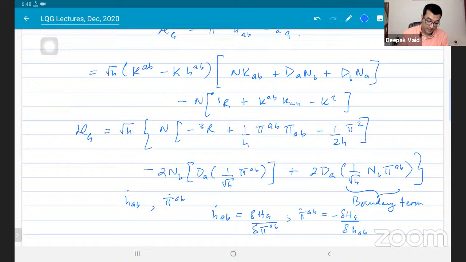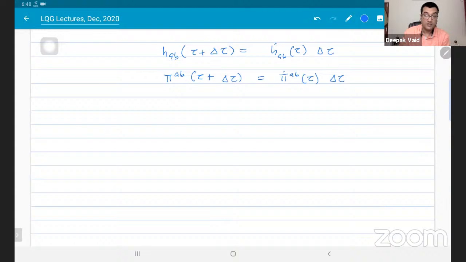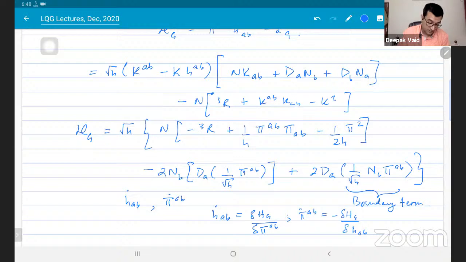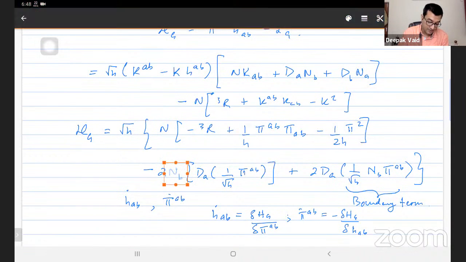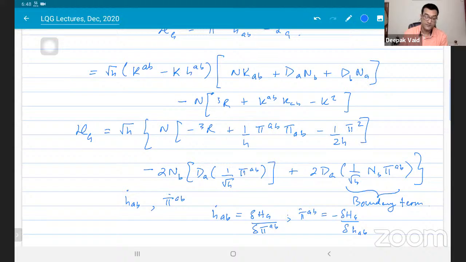Okay. And then, apart from this, we have constraints. Now, what are these constraints and where do they arise from? Well, this Hamiltonian is a function of h, it's a function of pi, but it's also a function of this lapse and shift vector field.